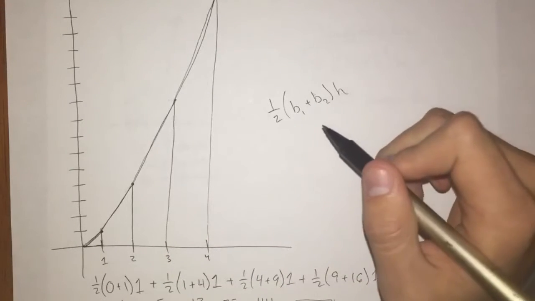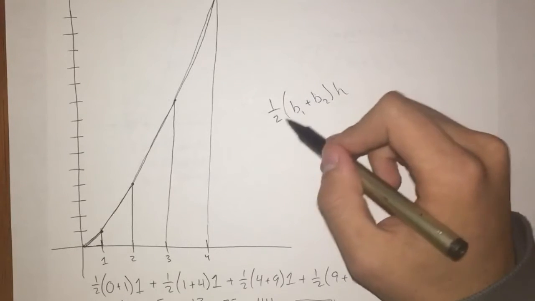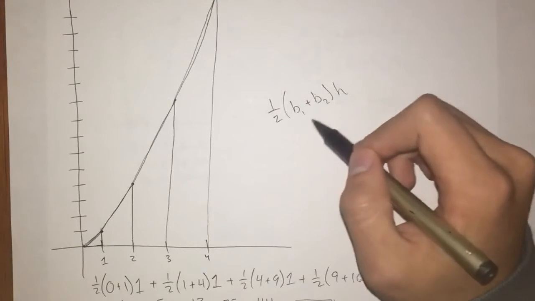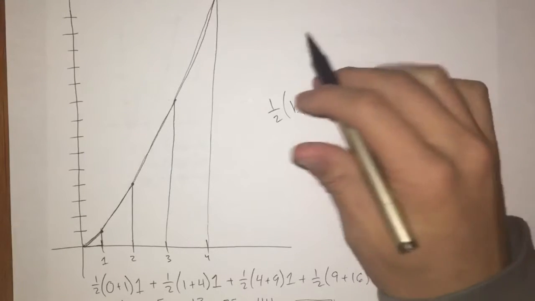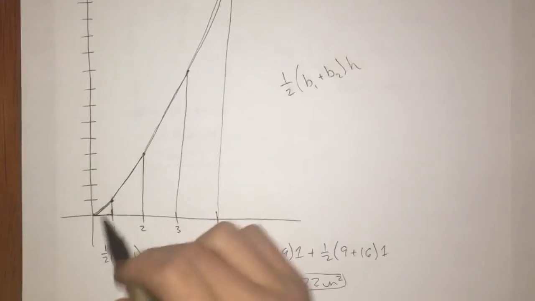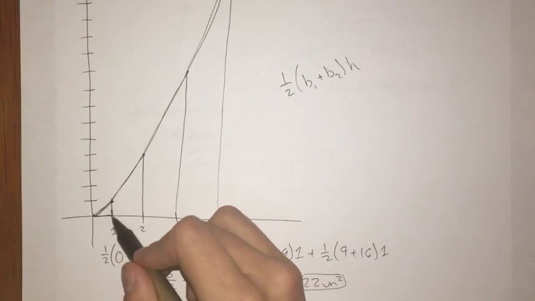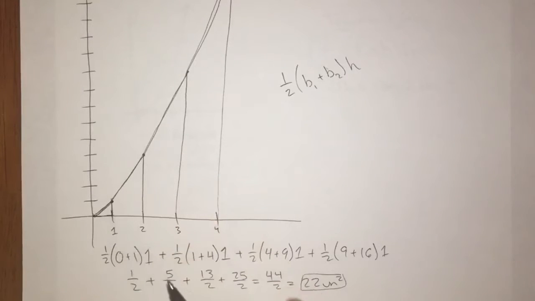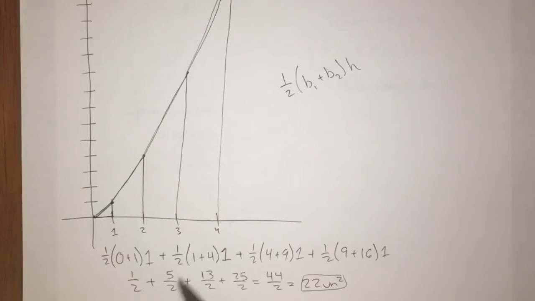Because the area of a trapezoid is 1/2 times base 1 plus base 2 all times the height. So for the first one, we will have 0 plus 1 times the height, which is 1. And then all of that would have to be divided by 2.